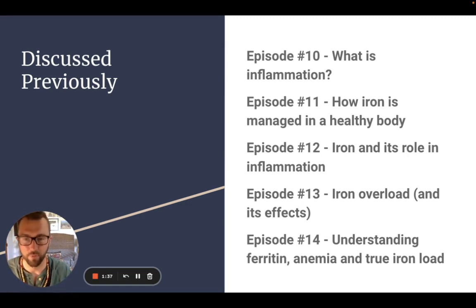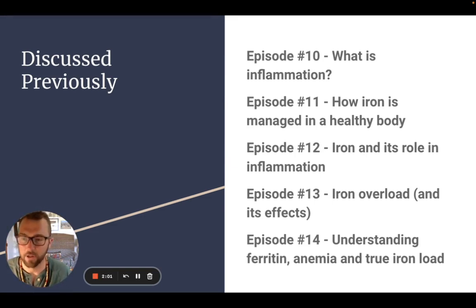So we've gone over inflammation. We've gone over a typical state of iron metabolism, so what that looks like in a healthy body. We've talked about how iron can lead to inflammation, what a chronic state of iron overload can look like, as well as deciphering our metrics for measuring iron.